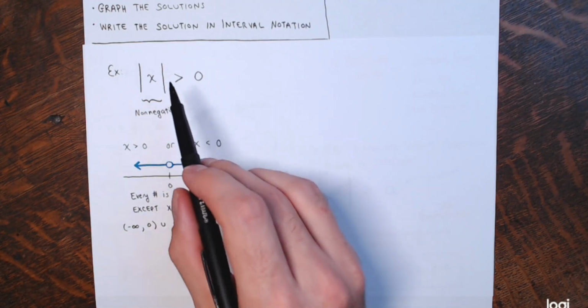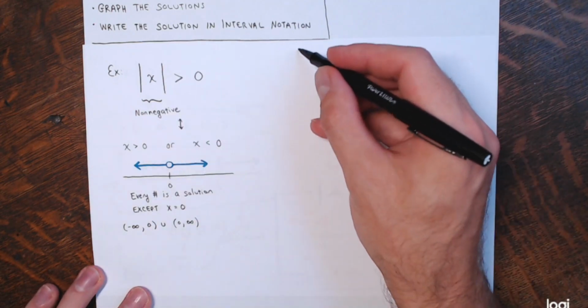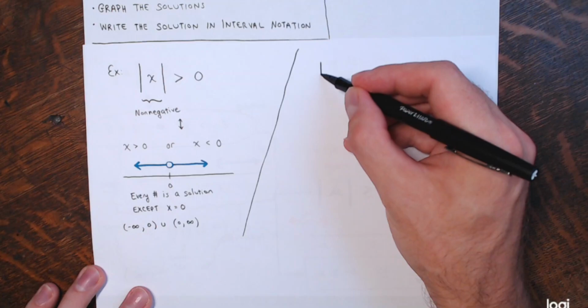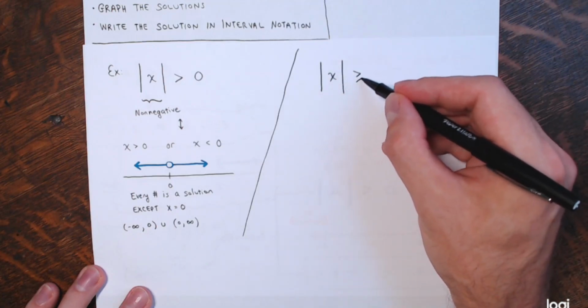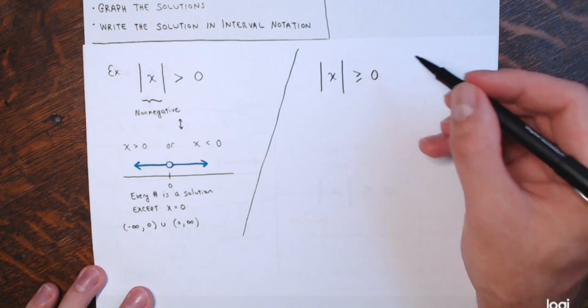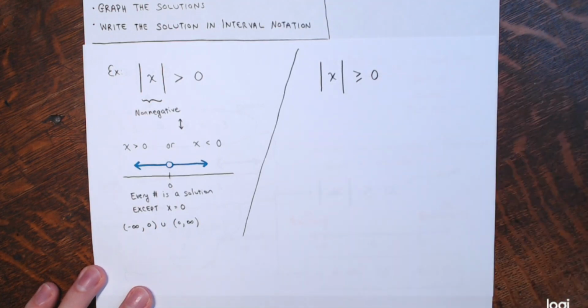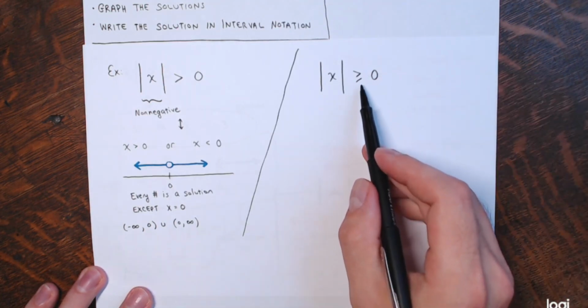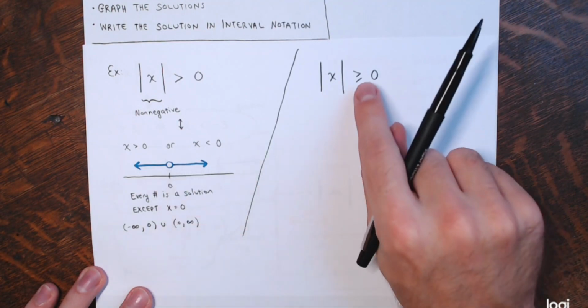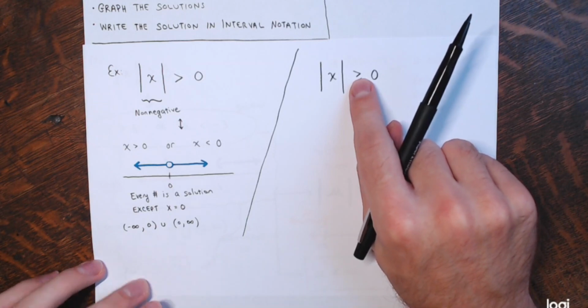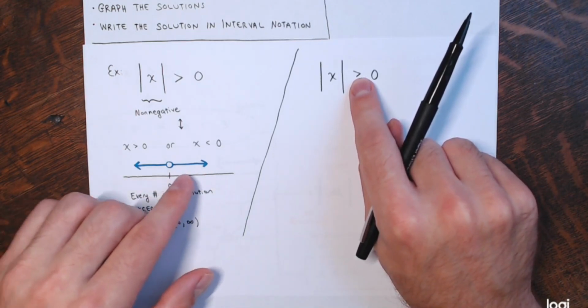Now, what if I had greater than or equal to? What if I have the absolute value of x is greater than or equal to 0? All right, well now 0 is a solution, right? You had the greater than part, which had everything was a solution except 0.